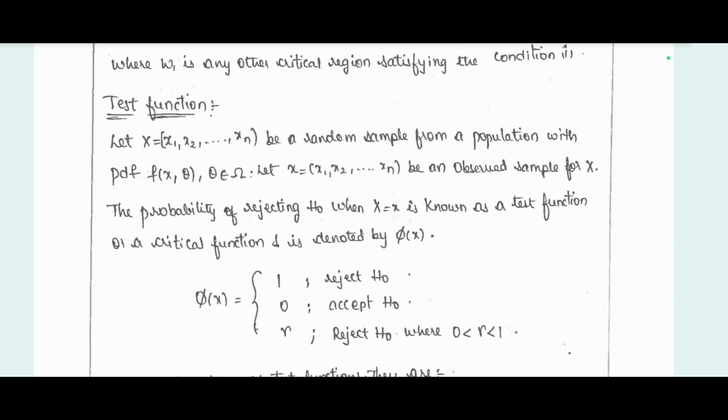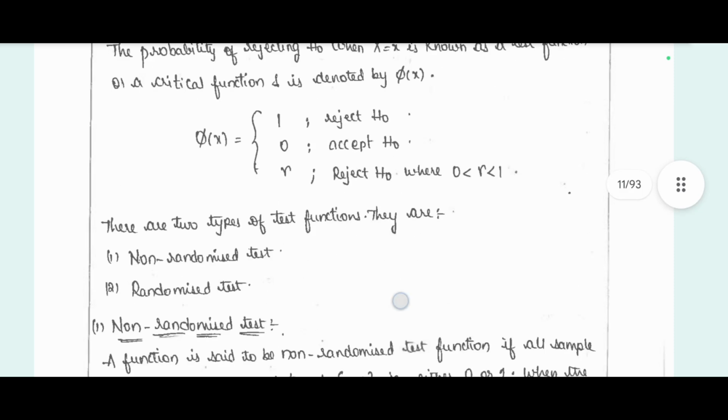Reject H naught at 1, accept H naught at 0, or reject H naught with probability r where 0 is less than r less than 1.